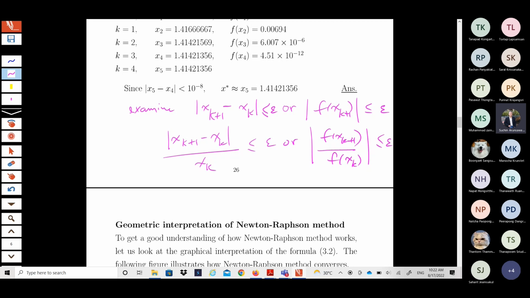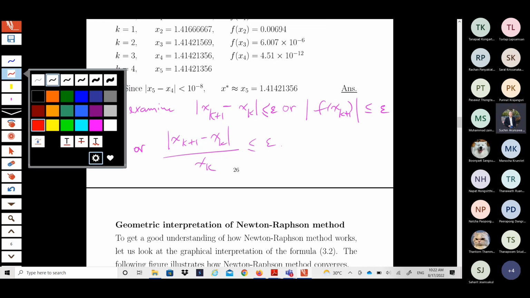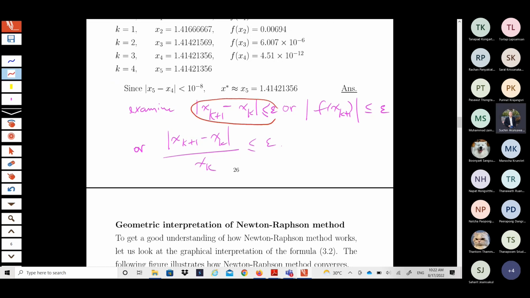For the error, no, we don't use this because we know that it's already close to zero. If we look at the iterate, this one is the absolute error, whereas this is the relative error.